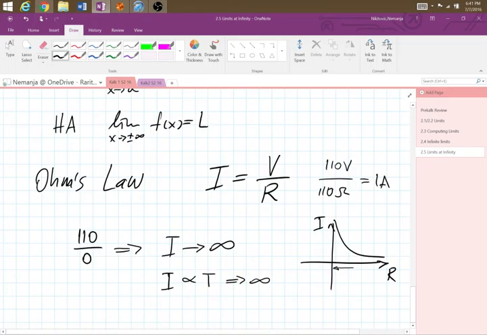That is the reason why you see a little explosion as soon as you short the outlet. Now, obviously, the circuit breaker will kick out, and then there will be no further electricity for you to continue doing that. You will have to reset and then try it again. So that's one of the applications. It is extremely important to catch these kinds of things as you are designing electrical circuits or whatever else.